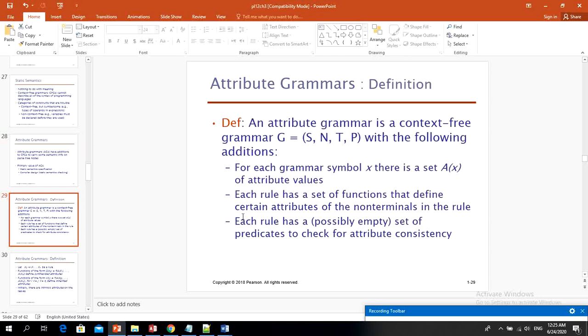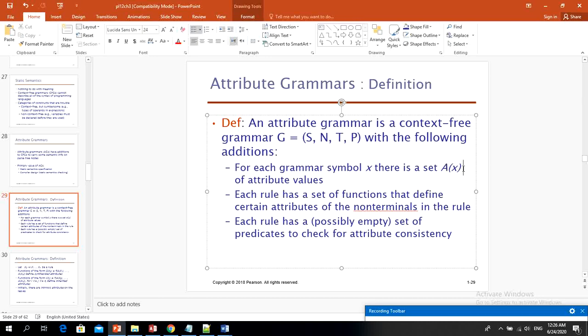An attribute grammar is a context-free grammar with some additions. They can, for example, use some sort of symbols like this. For each grammar symbol X, there is a set A(X) of attribute values, where A(X) is between two parentheses.